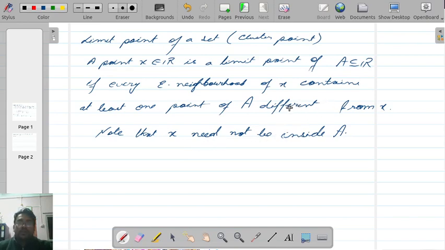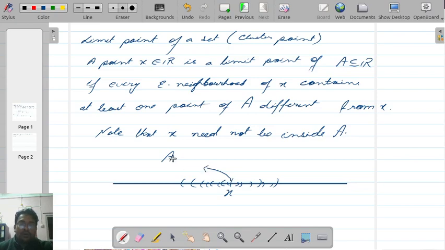What it says is that x will be called a limit point of the set A if, whatever epsilon neighborhood you take, maybe large, maybe small, always you will be able to find at least one point of the set A different from x.